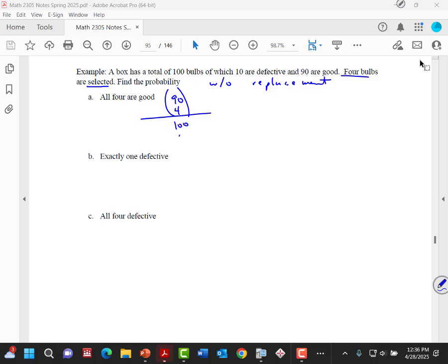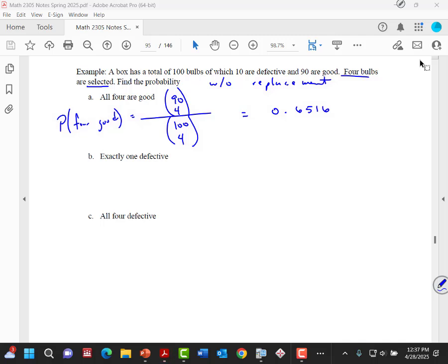From the 100 total bulbs, choose 4. So the idea is the probability that 4 of them are good is from the 90 good, choose 4, out of the 100 total, choose 4. And if I run this through, I get 0.6516 approximately, okay?